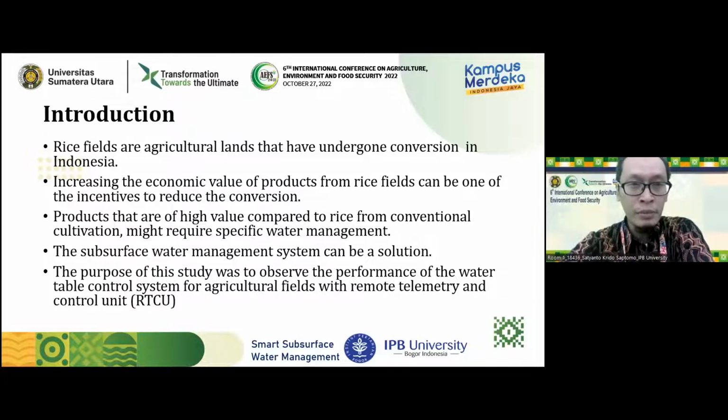And the problem is sometimes we have challenge in water management. So in this case, we try to introduce the automatic system for controlling water table at the field, so we can do any kind of water management related cultivation, for example, flooded, non-flooded, organic, and etc. That is the purpose.